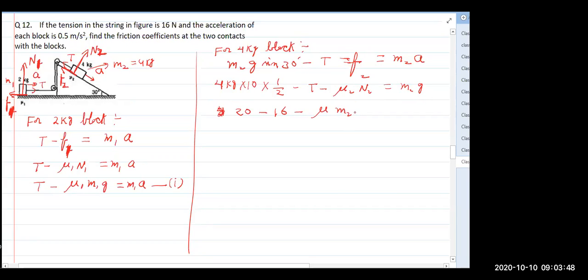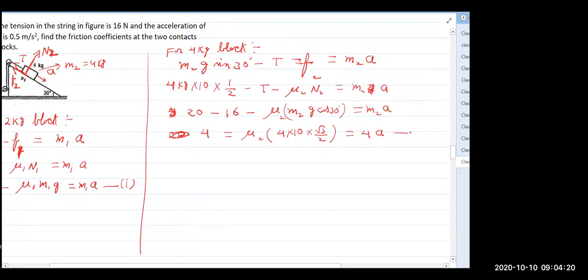That will be M2G cos 30 degree, because it is on the incline, equal to M2A. Okay, so this is 20 minus 16, so that is 4 Newton, minus mu2 into M2G, so M2 is 4 into 10 into cos 30, root 3 by 2, equal to M2 is 4 into A. So this is equation 2.